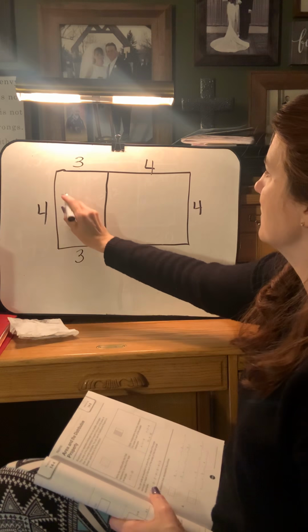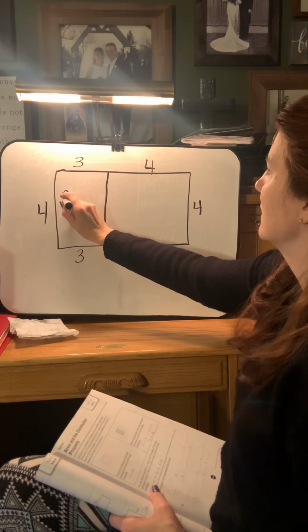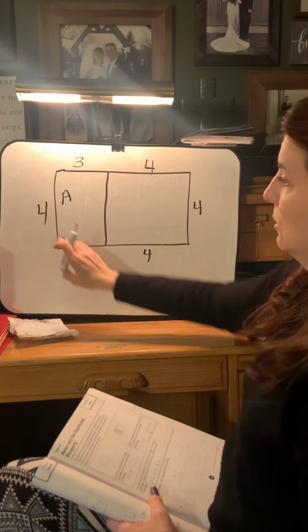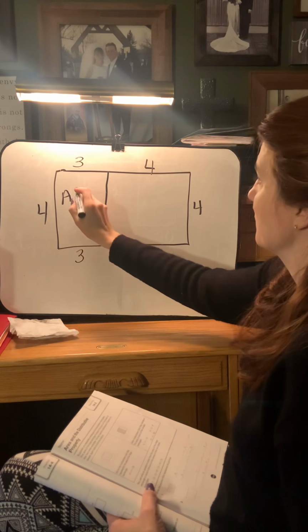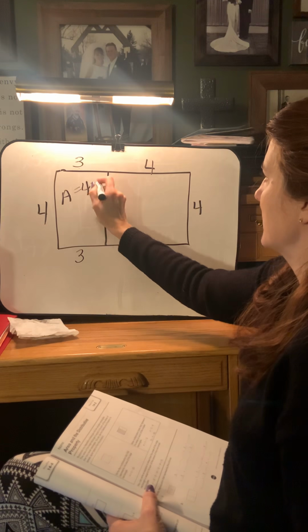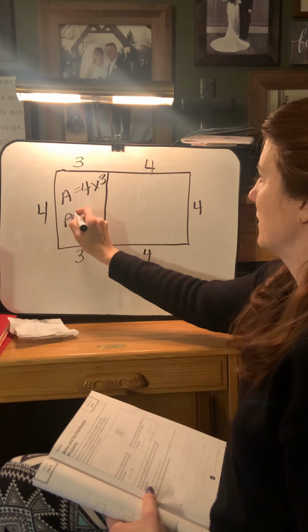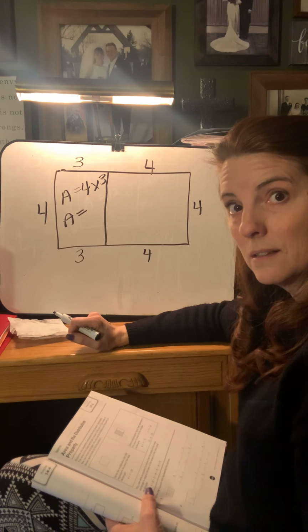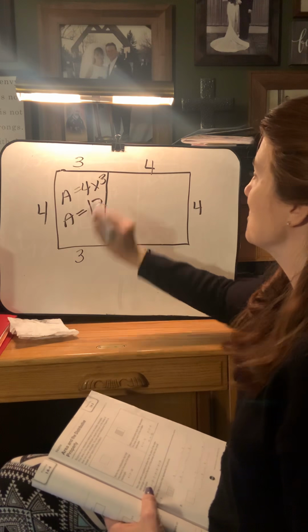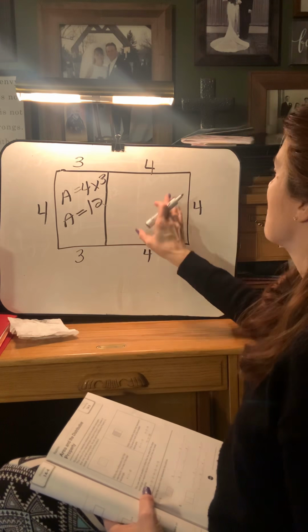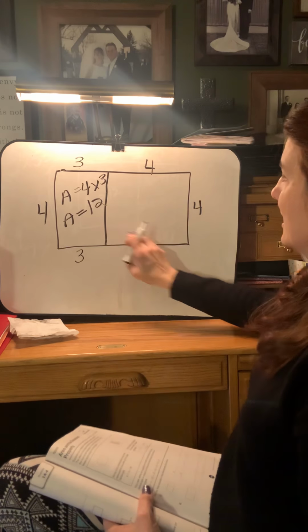Okay, so the area of this guy, area equals how long it is times how wide it is. And we've talked about why that is. So area equals 4 times 3. Area equals, did you say 12? Area equals 12.